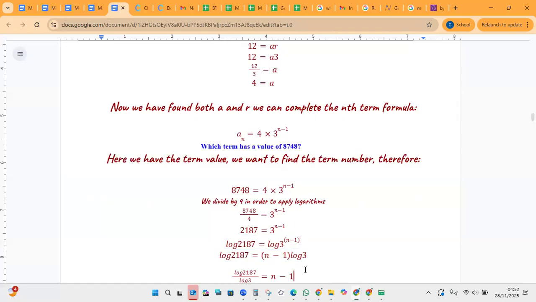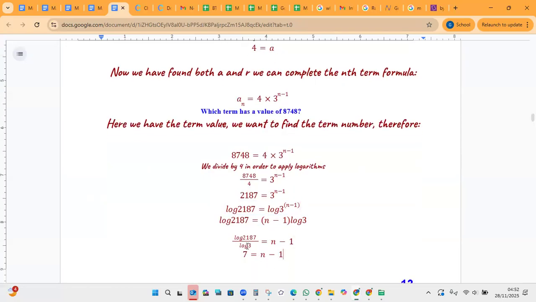So now we can divide by log of 3 on both sides. That's log to the base of 10. If you don't see a base, there's an invisible base of 10, which of course is programmed in a scientific calculator. You just find log of 2,187 divided by log of 3. So we get 7. See if you get 7.